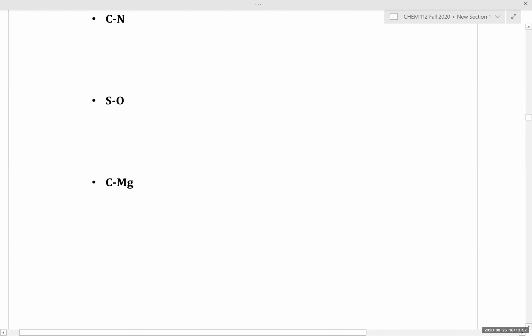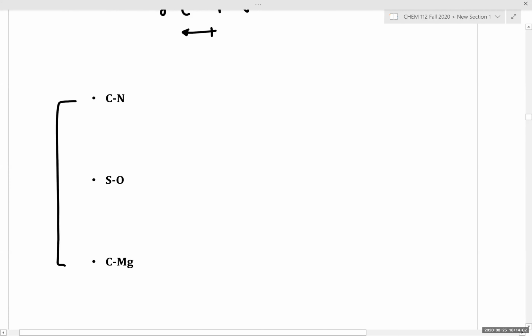So what I want everyone to do now is to look at the following 3 bonds, and I'd like you to indicate the more electronegative element where our bond dipole arrow will point in each of the following bonds. We'll discuss this example in about 2 to 3 minutes.